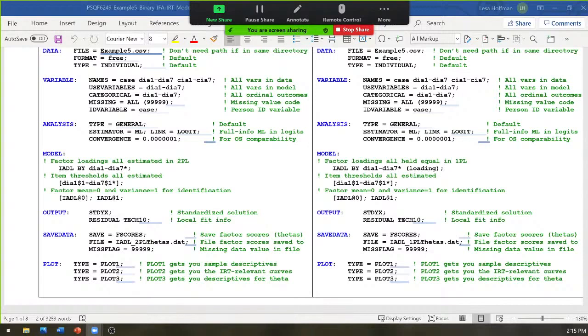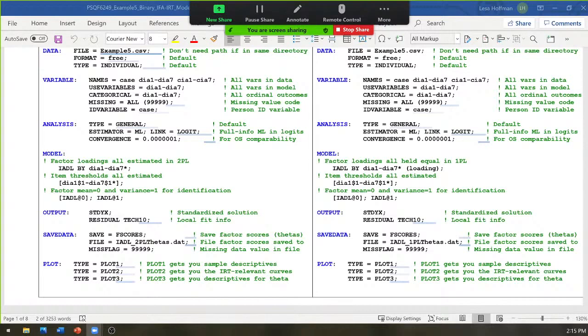The model code itself looks exactly the same. So the BY statement is how you define your factors. The thresholds are represented by the brackets. Binary items have only one threshold.